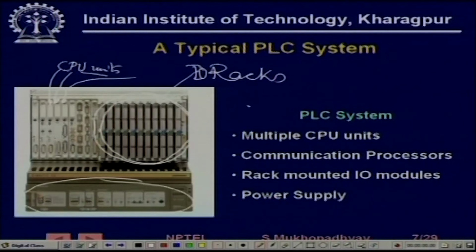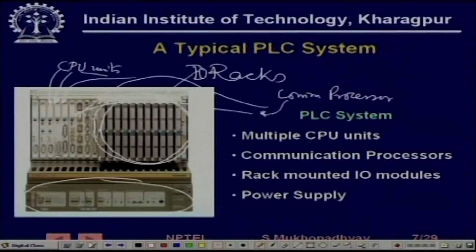You can see a number of ports. So, for example, you have a number of ports here, right. So, these are probably the communication processors, because they have so many RS 232 ports, serial ports it looks like.